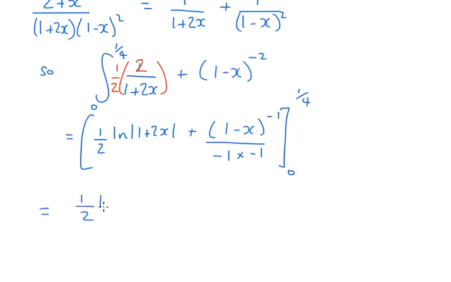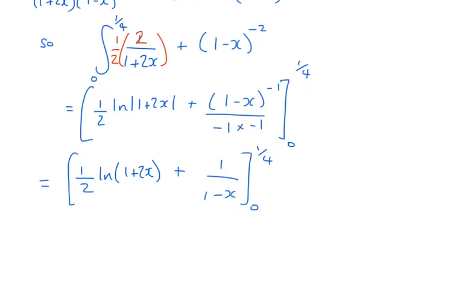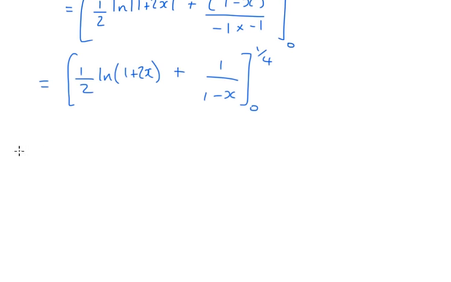So I'm just going to write it out one more time neatly. Don't need my mod signs because nothing's going to be negative. It's just going to be plus 1 over 1 take x. Okay, so now I can put my limits in.